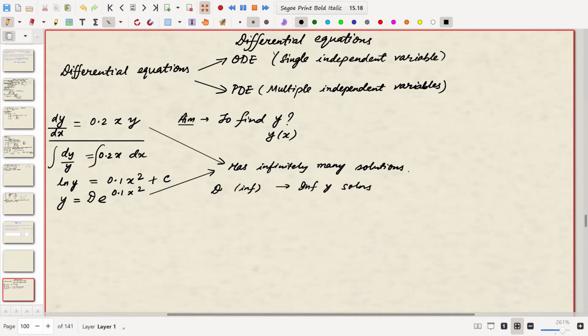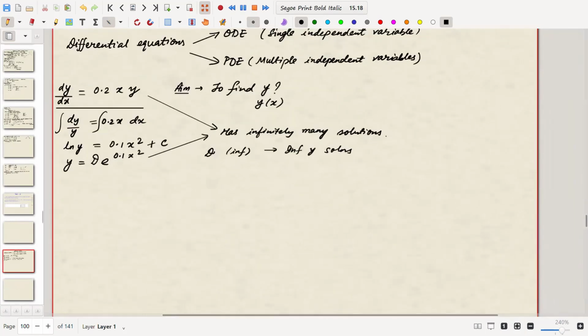Now, when can the ODE have a unique solution? The ODE can have a unique solution if you give an initial condition where it should start. Say y at x equal to 0 is 5. You already know the solution y of x equals d e to the power 0.1 x square.